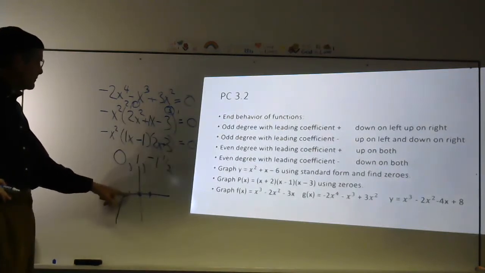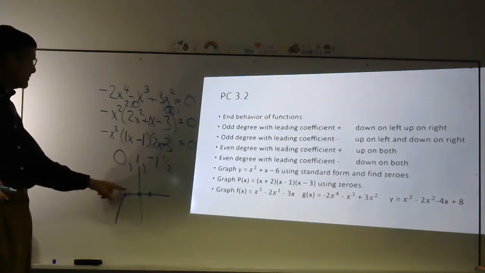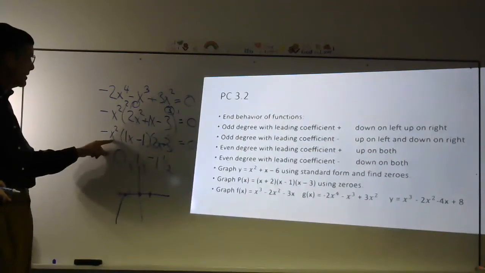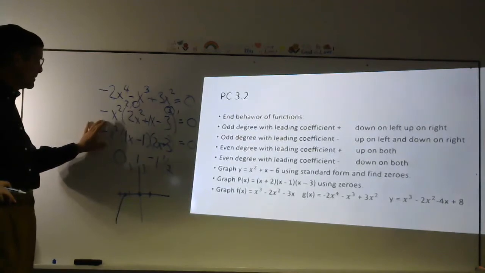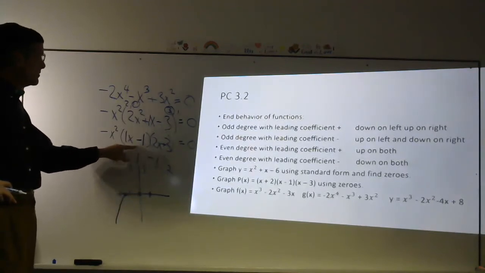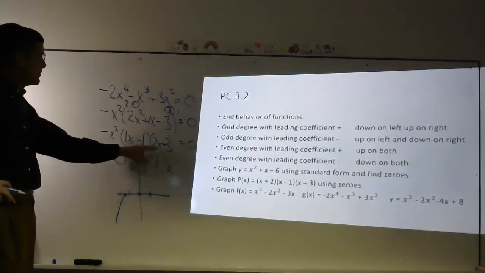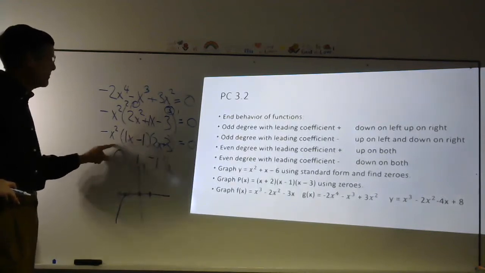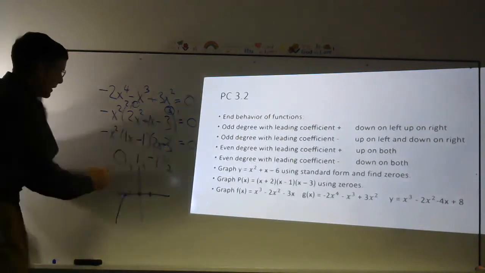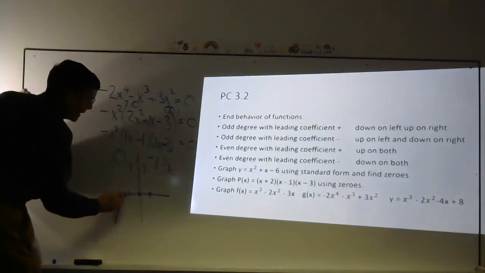If I put negative 1 in, negative 1 in here, squared is a positive times a negative is negative. So this is negative. Negative 1 here is negative. And this is positive. 2 negatives make a positive times a positive. Yeah, this is positive, so it goes up. And then it's got to come back down.